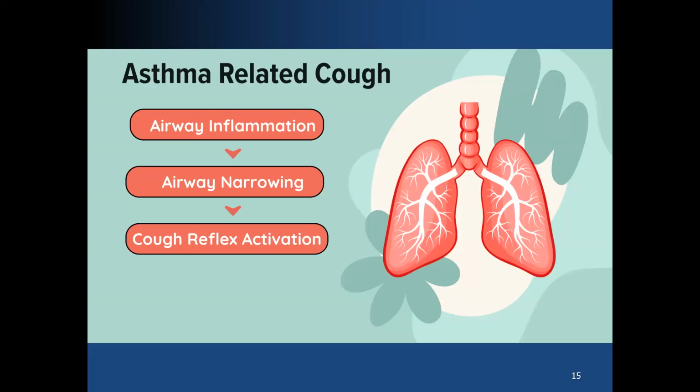The accumulated mucus further irritates the cough receptors and leads to a productive or dry cough, depending on severity. In some patients, cough is the only symptom without wheezing or dyspnea. This is known as cough variant asthma, and it's caused by airway hyperresponsiveness that triggers cough receptors more than bronchoconstriction does. First-line treatment will be bronchodilators and inhaled steroids.